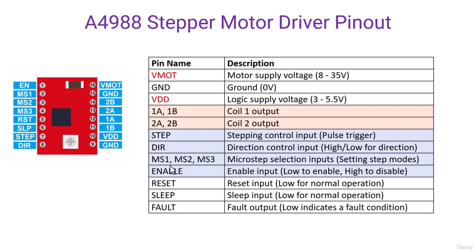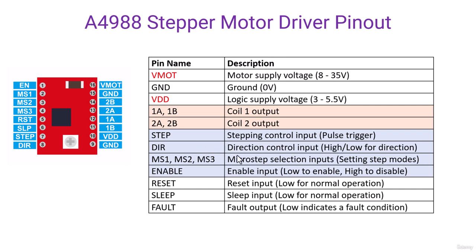These pins are used for controlling the motor. Step, that is pin number 7 of the IC. So you can give a pulse here. Direction, that is pin number 8 of the motor driver IC. If you put high here, it will move the motor shaft in one direction, and if you put low here, it will move the motor in the anti-clockwise direction. So you can handle the direction from here.